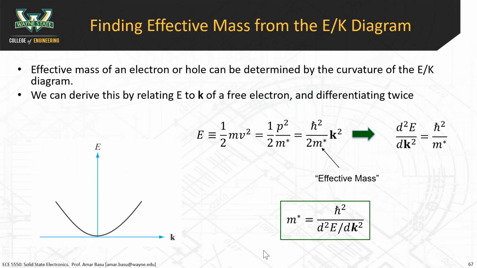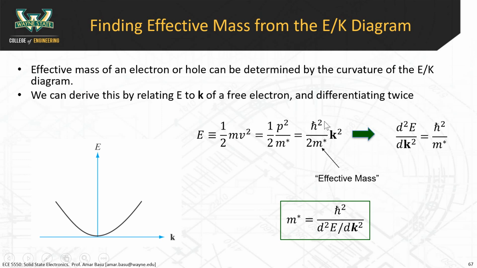So how do you actually find the effective mass given an E versus K diagram? So this is a simple example. The effective mass of an electron or hole can be determined by the curvature of the E versus K diagram. And the way it's done is through this mathematical relationship here. E equals 1/2 mv squared equals p squared over 2m. We've been talking about that the last few slides, so that should be familiar.